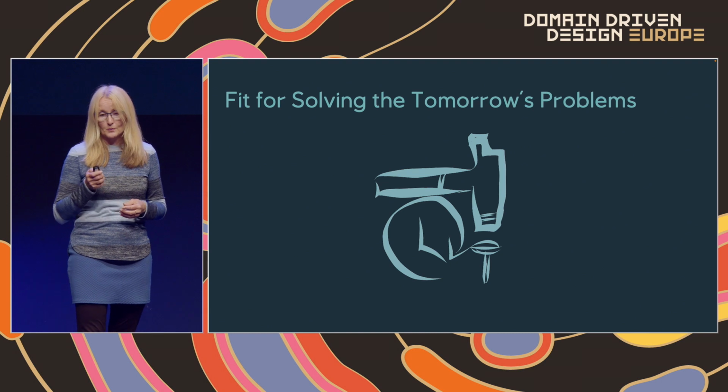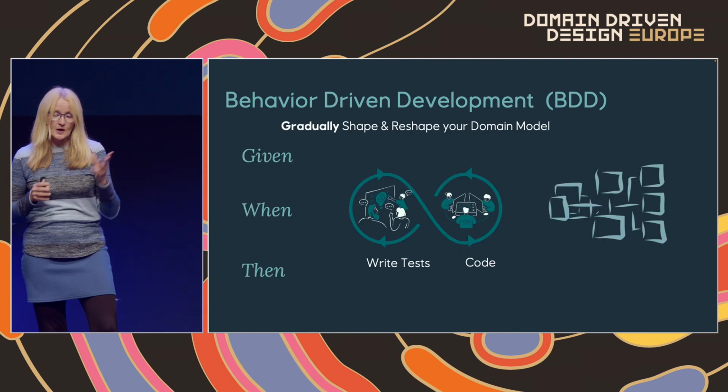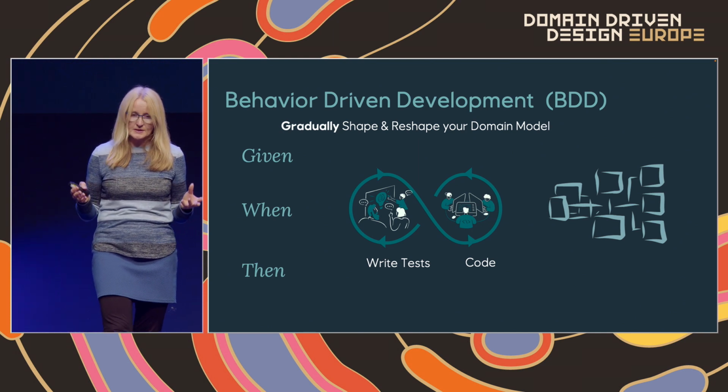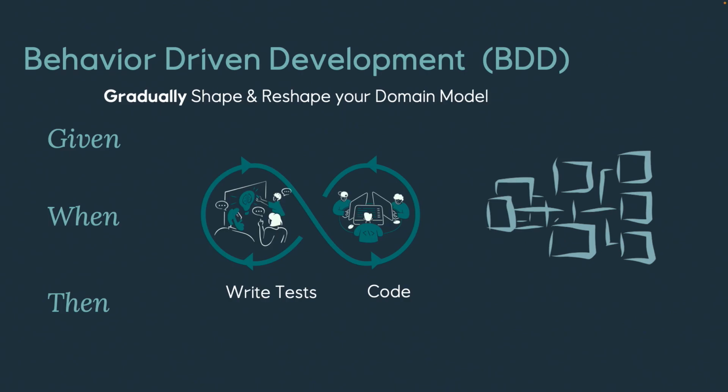So I hope you have seen how behavior-driven development can come to your rescue in order to shape your first domain model. And I hope if you start with that you won't stop with the first one. I did not. And always remember the gradual part, because you need to take small steps.